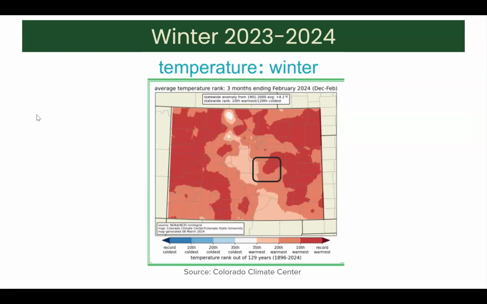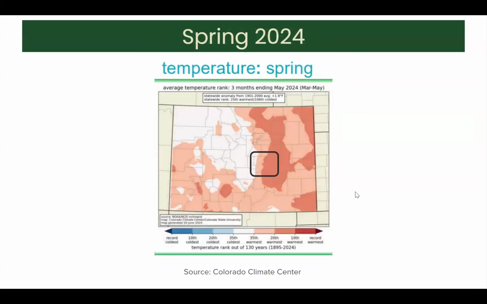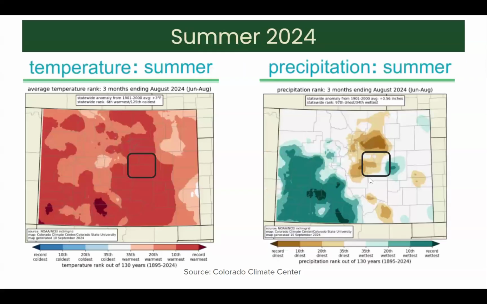When we went into winter, again, El Paso County is here, and it was very, very warm again in that winter. Spring of 2024, so this is last spring, was again warm, not necessarily top 10, but very warm and ideal for grasshopper development. And then the summer was extremely warm. So top 10 hottest summers on record for the last 130 years.